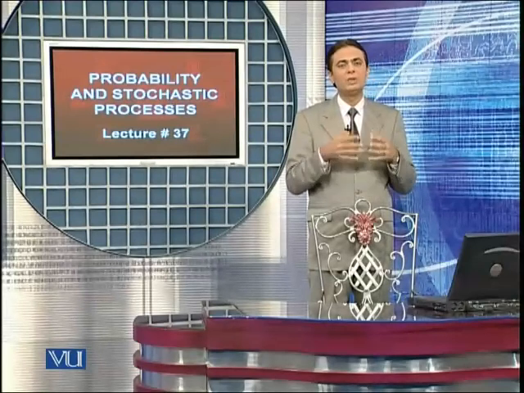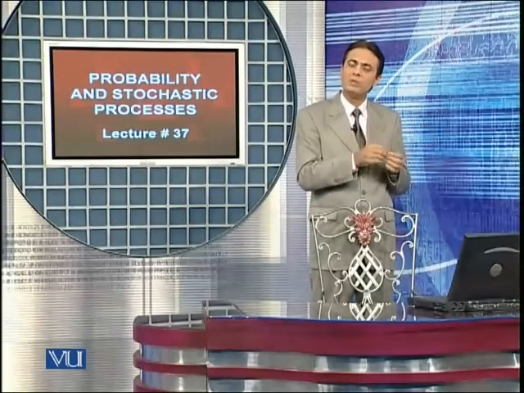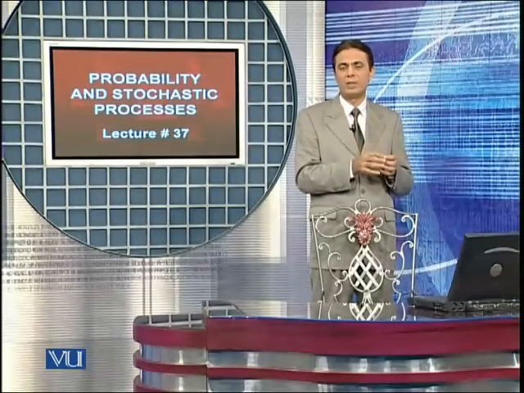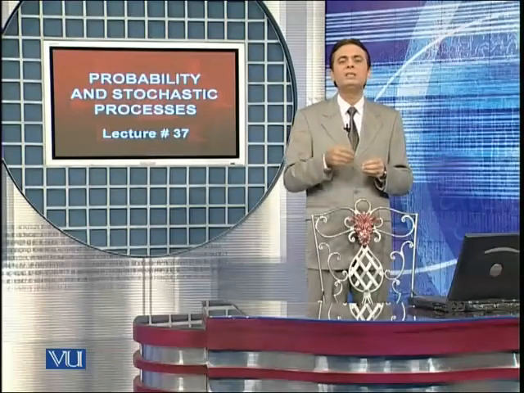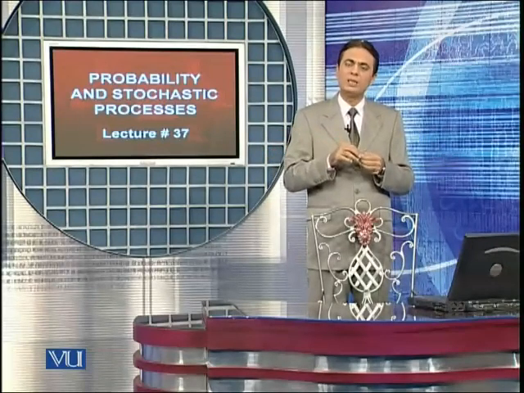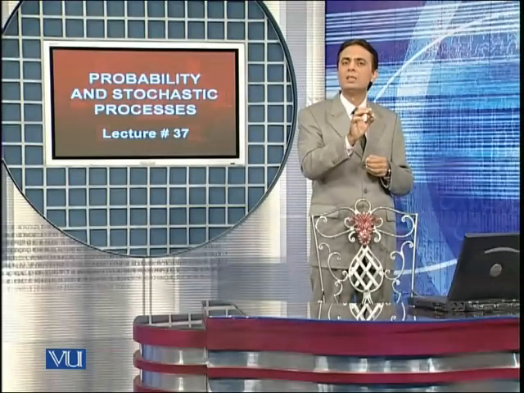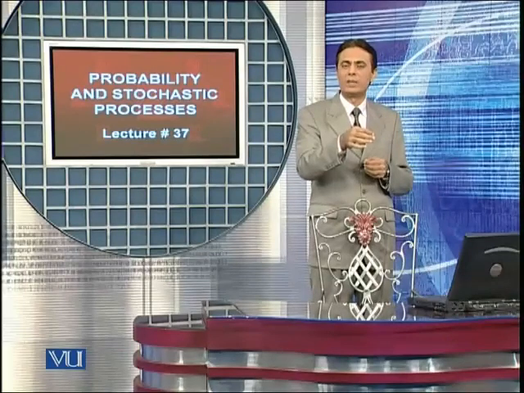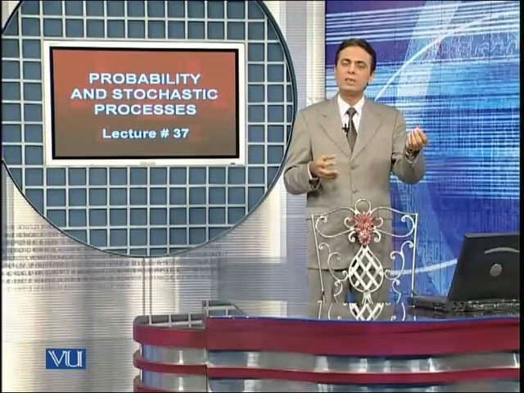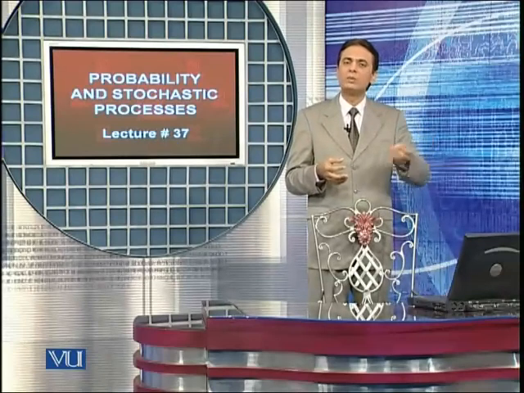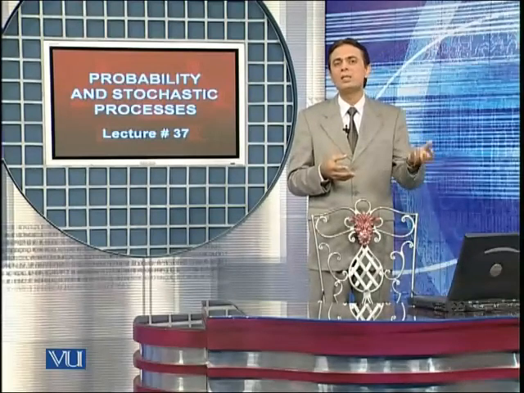Based on that observation, we categorize Markov chains and we categorize individual states of the Markov chains. If there is a Markov chain and these random variables, as they evolve, as they take on their values, can take a certain value in the state space again and again, that is, the random variables as they evolve visit that state, take on that value again and again, then that state is a recurrent state.